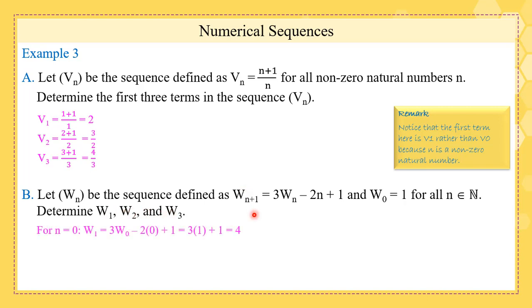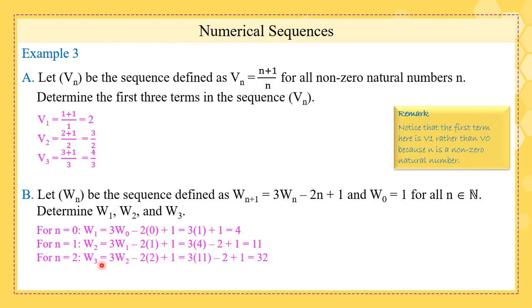Now if we want to talk about w1, in this case small n plays the role of 0, so for n equals 0, w1 is 3w0 minus 2 into 0 plus 1, which is 4. And in order to find w2 from this relation, w2 would be 3w1 minus 2 into 1 plus 1, which is 11, and similarly for w3.